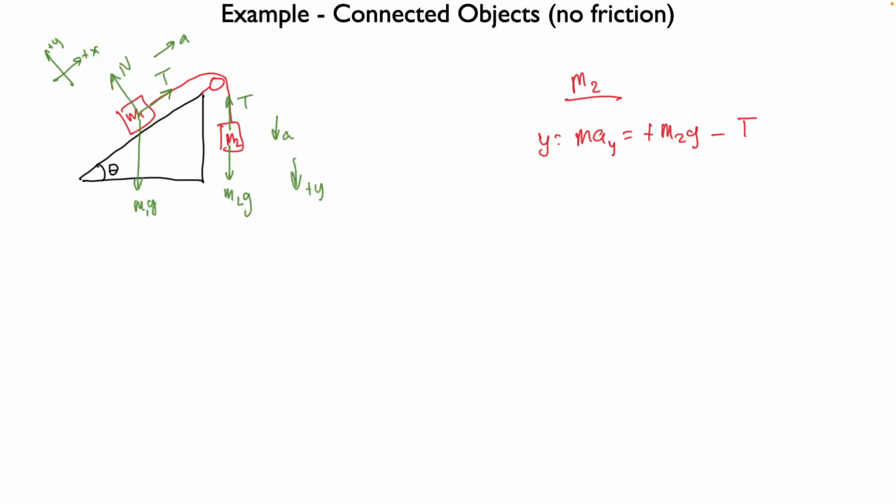That doesn't work for me, and over the years I've noticed, if students are going to mess up, they're going to mess up on this. I mean, you'll mess up over here too, but this is the one that's super easy to forget. So what I teach you is, always put the positive direction of your coordinate system in the same direction as your acceleration. That lets you just write m times a equals, and the only directions you need to focus on are the force directions. You just make them consistent with your coordinate system.